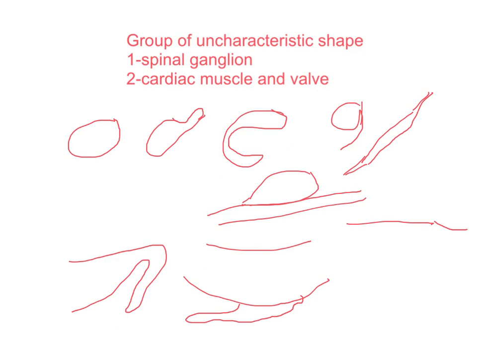Here we have the extension of the valve, as you see here. So this is the atrium, this is the ventricle and the valve, this is the cardiac muscle and the valve. In all these conditions also we have a characteristic picture.